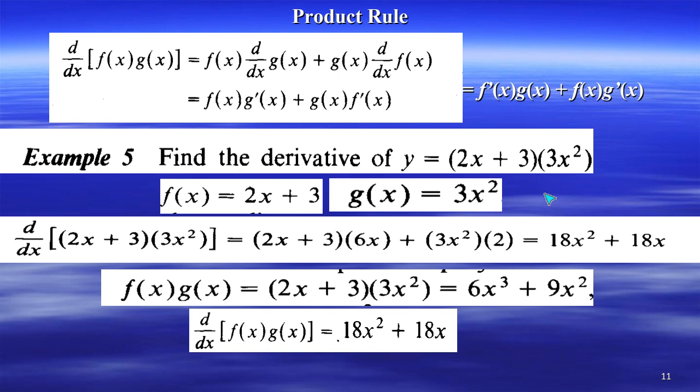Now the product rule. What is the product rule? The derivative of the product of two functions, f of x times g of x. What is the rule? Well, here it is expressed a little bit differently, but it's usually expressed as f prime of x times g of x plus f of x times g prime of x. You see?